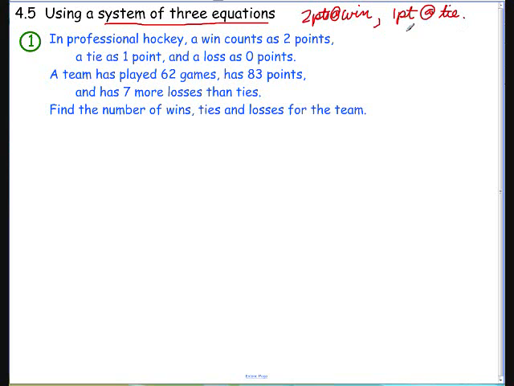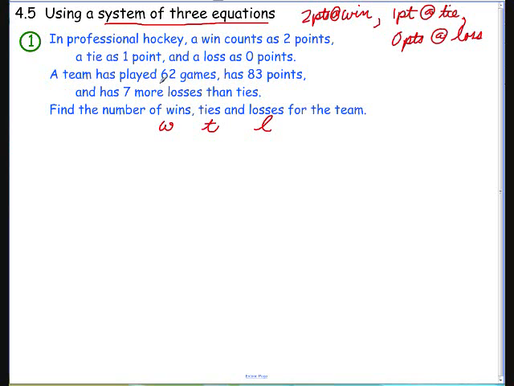And we get nothing, 0 points, for each loss. That's quite a bit of information right there. I'm going to want to find the number of wins. I'm going to use a W for the win, a T for tie, and L for loss. So those are my 3 variables.